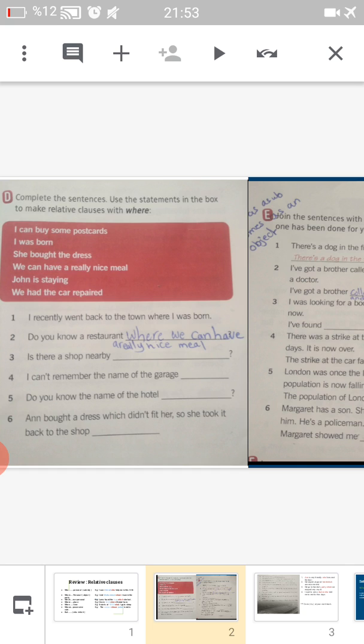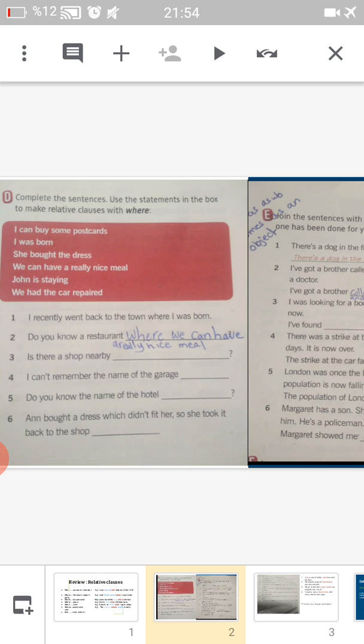Number one, I recently went back to the town. Town is a place, so the relative clause is where. Which suitable sentence in the red box do we use related to town? Sure, I was born. I was born in the town. Number two, do you know the restaurant?